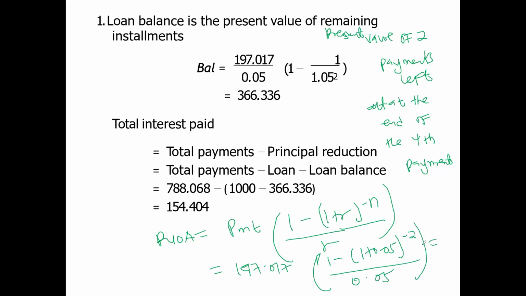So when you punch this, you get something like 197.017 times 1.8594.